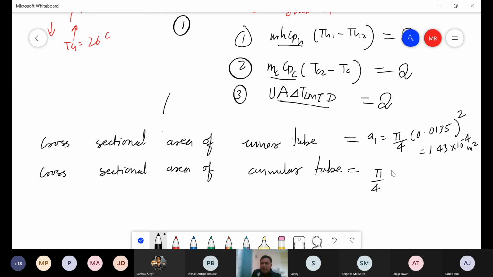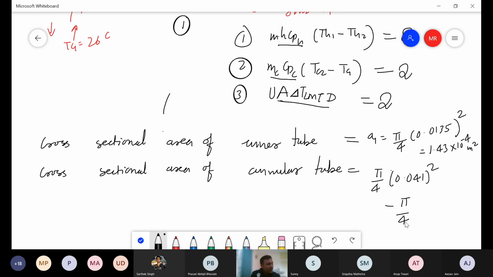So that will be 0.041 squared. That is the area of the outer pipe, minus pi by 4 times the area of the inner pipe. But which area? The outside area of the inner pipe is required.